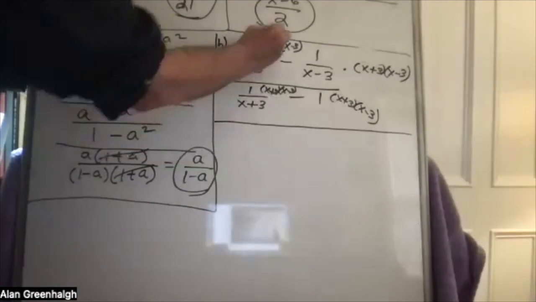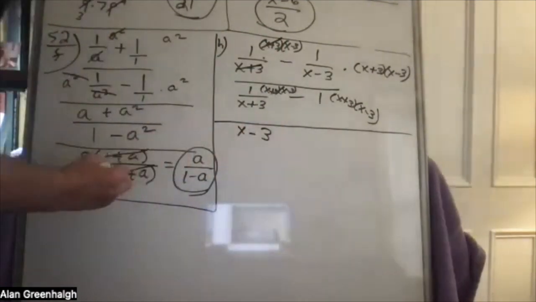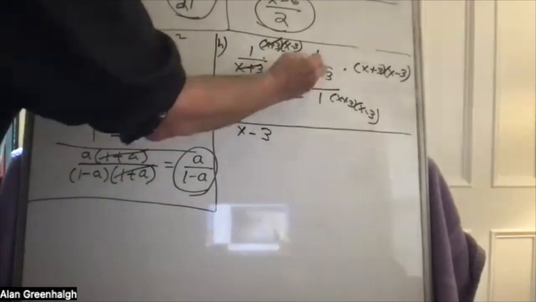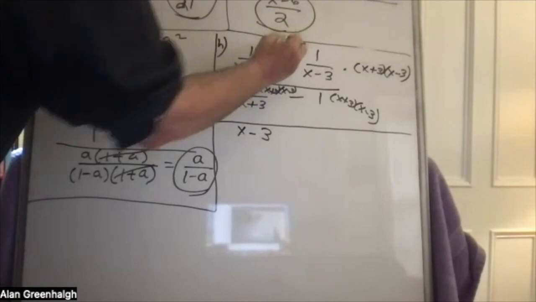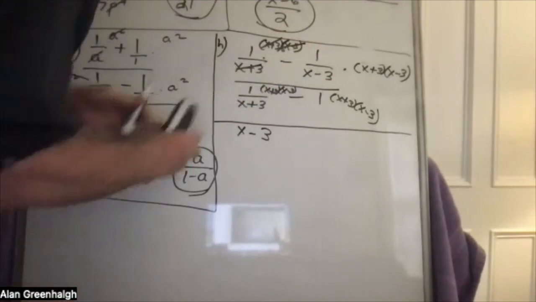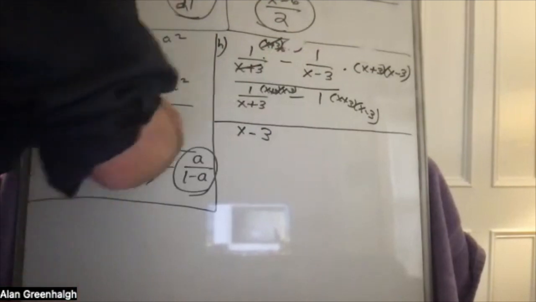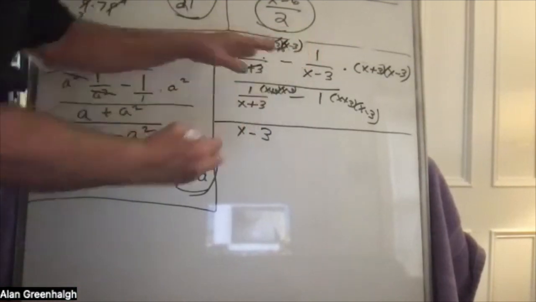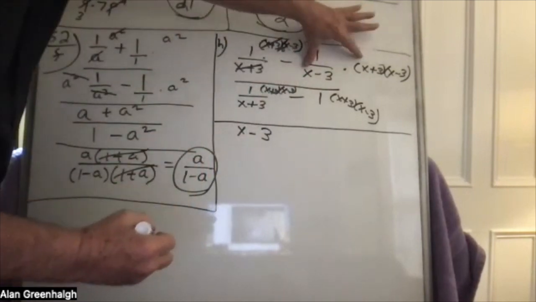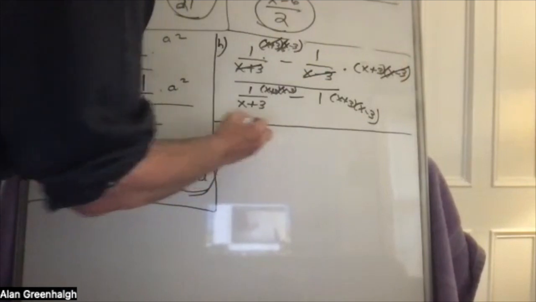So this cancels out with that, and you're left with x minus 3. That's good. And then this cancels out. Whoops, I shouldn't have done that. This is what I erased, but I want to keep that there. Now work over here. So this cancels out with this.